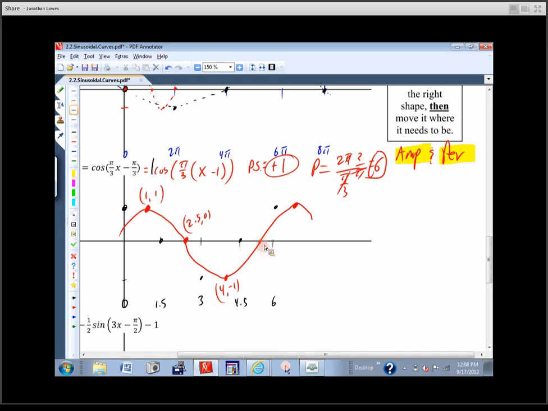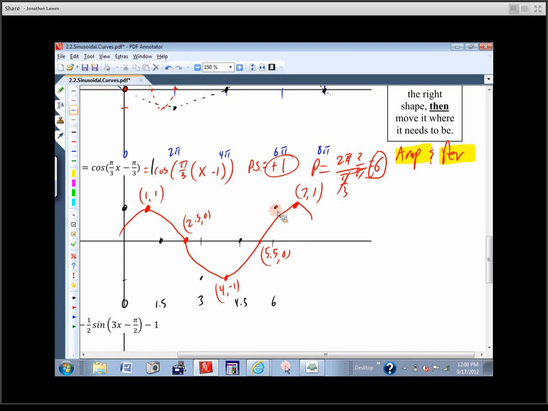Next one. 5.5, 0. Notice how all of those two have the same y coordinate. And then this one right here. Where is it? 7, 1. For 2 reasons.